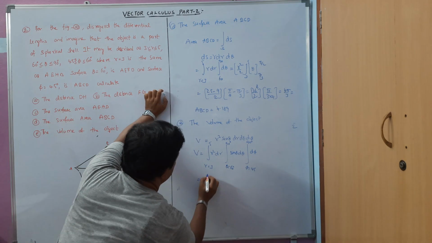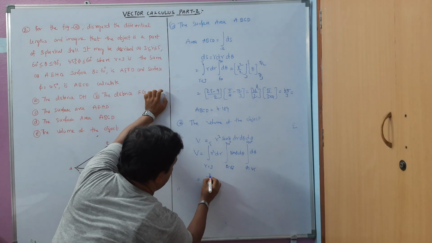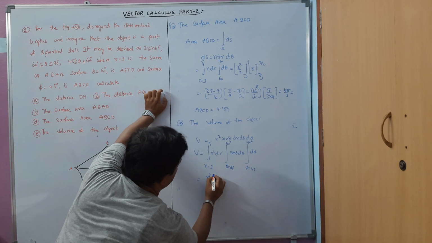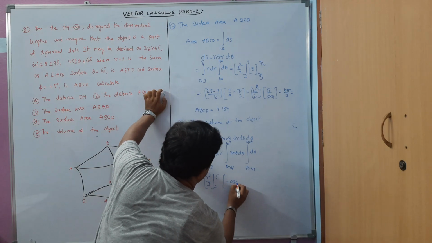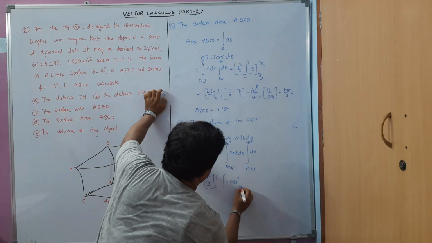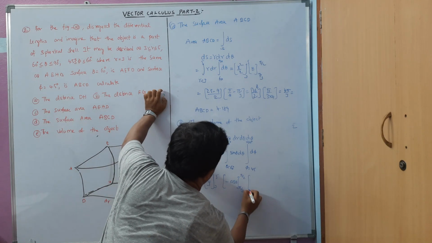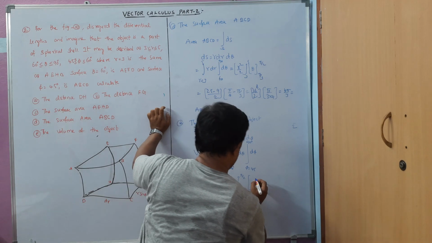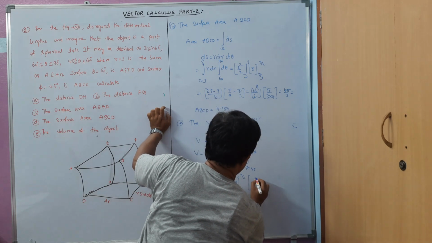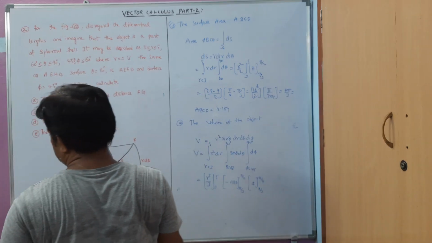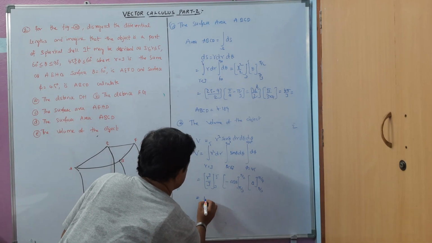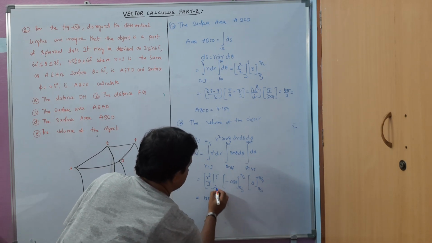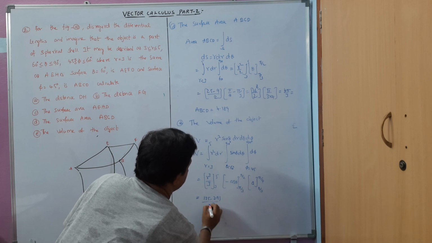Now here the integration of r square will give me r cube by 3, that is from 3 to 5, minus cos theta, that is from pi by 3 to pi by 2, and this is pi by 4 to pi by 2. So which will be giving me 125 minus 27 by 3.